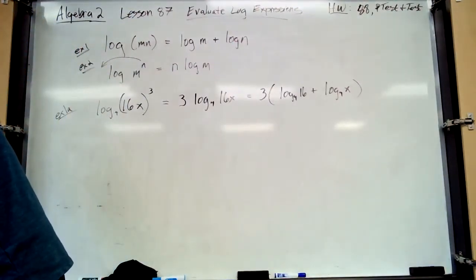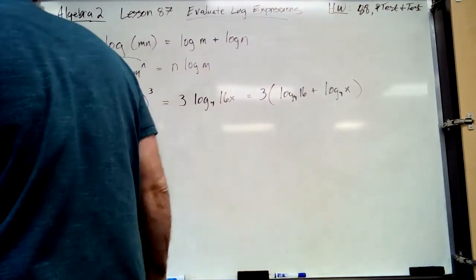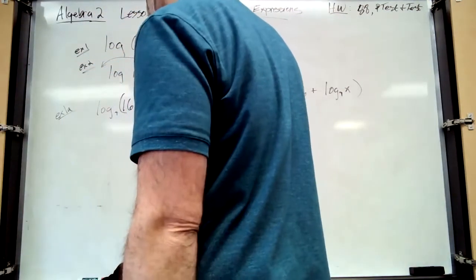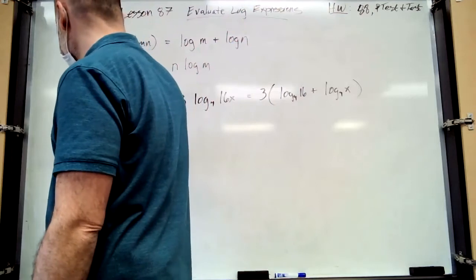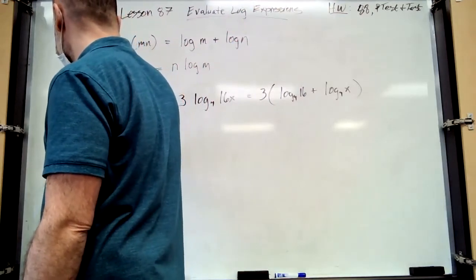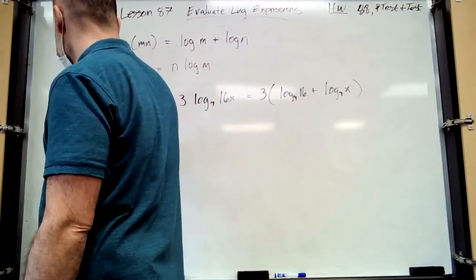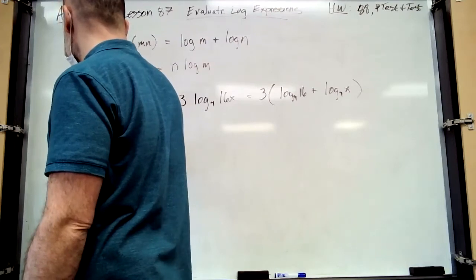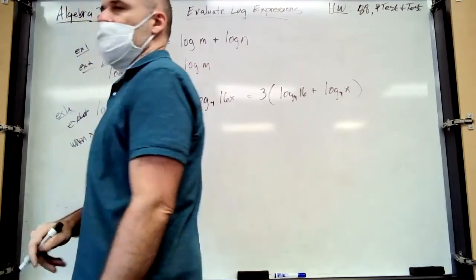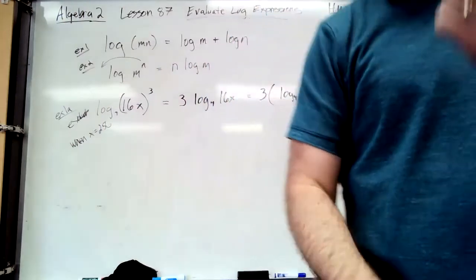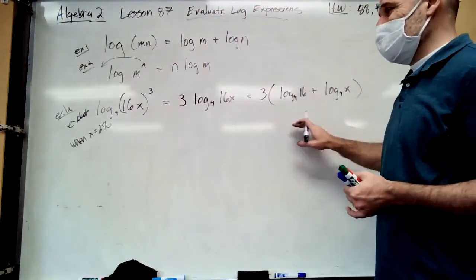So now the last thing is, I didn't give you the whole problem. I want to evaluate this when x equals 256. Okay. So this was good. We needed to do that anyway, regardless of what x was.